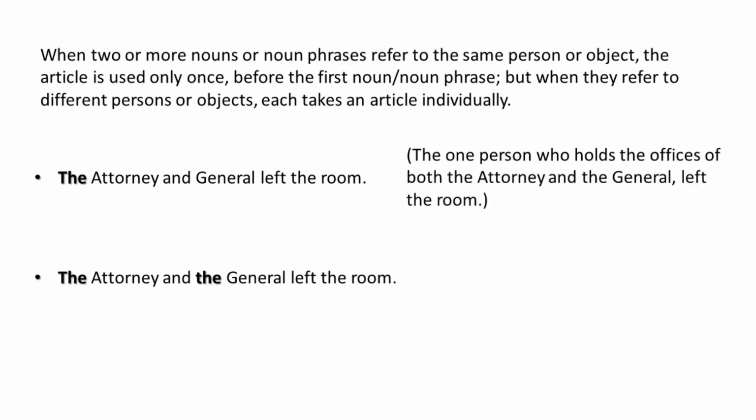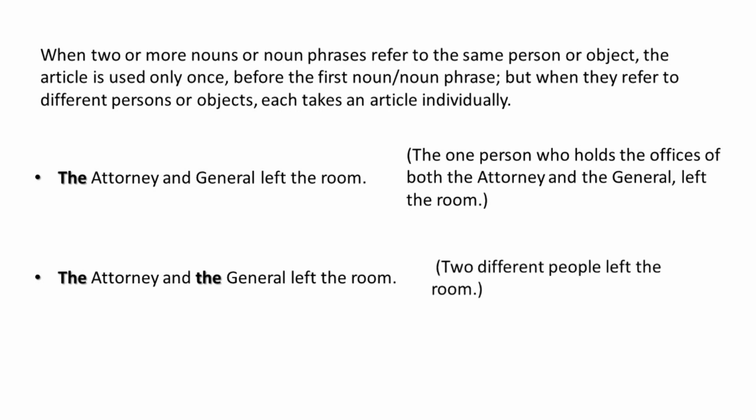It means that the one person who holds the offices of both the attorney and the general left the room. Here in the first sentence, there is only one person. The attorney and general are the one and same person. Just one person is holding the office of attorney and general, and that person left the room.